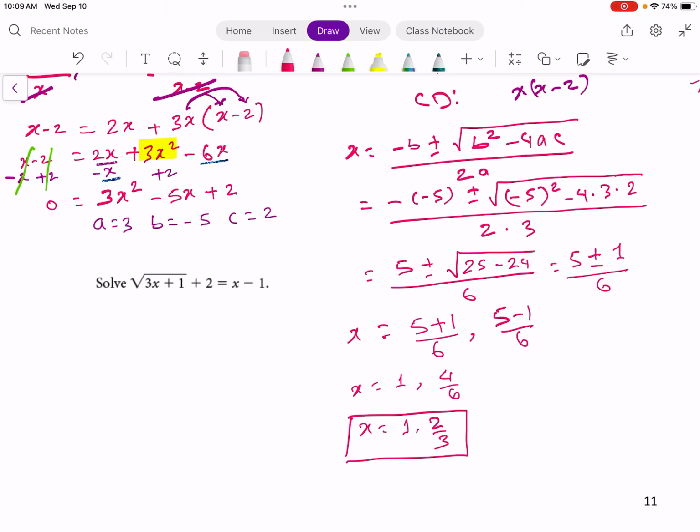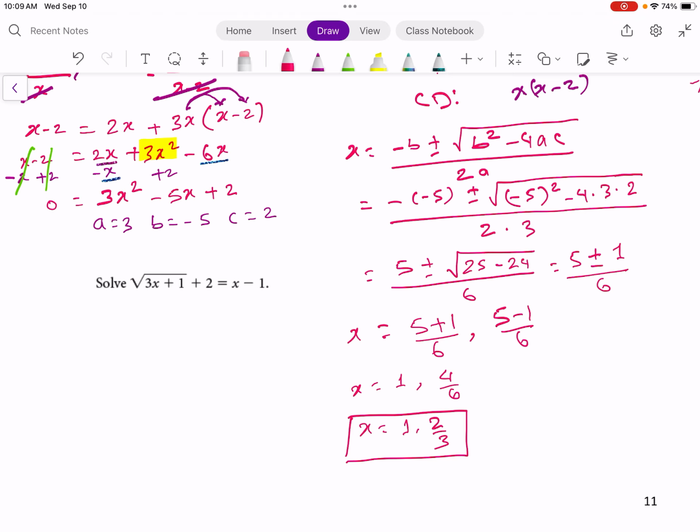The next equation is the radical equation. And before this, let's go ahead and solve one more. Okay, at first, does anyone have any question on this one?